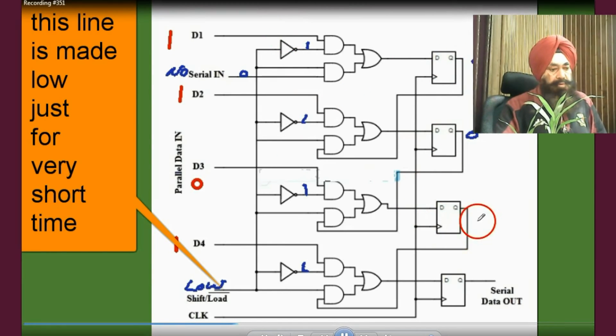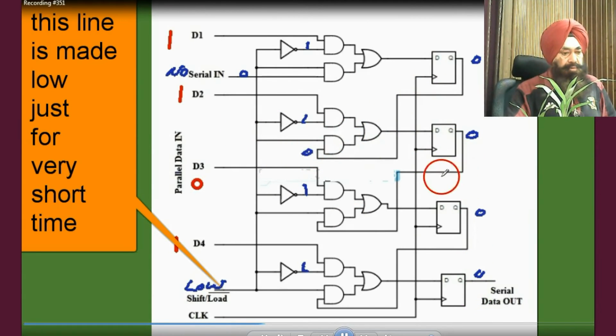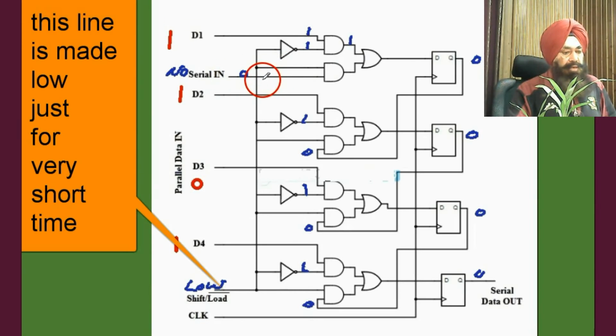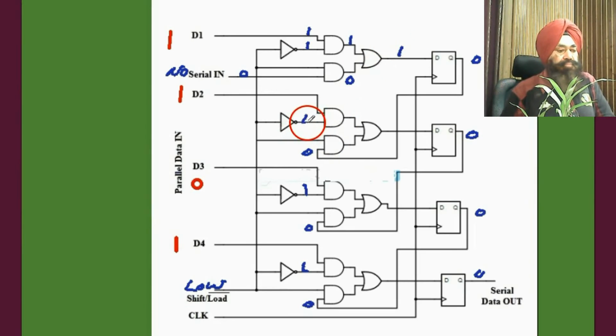Previously, let's suppose 0, 0, 0, 0 was here. So this 0 comes here. It is 1 here, and 1, 1 is 1 at the AND gate. If 0 is at one line, then the AND gate will give 0 whatever the other input is. 0, 1 at the OR gate gives 1.